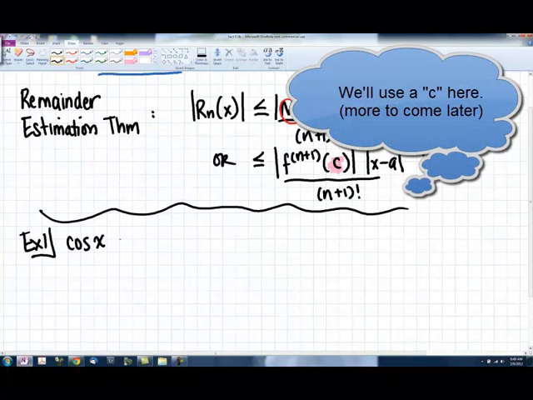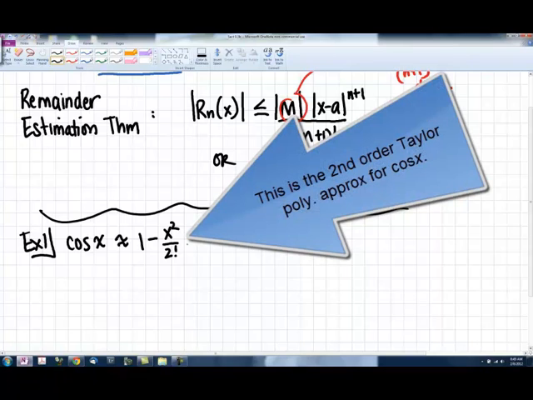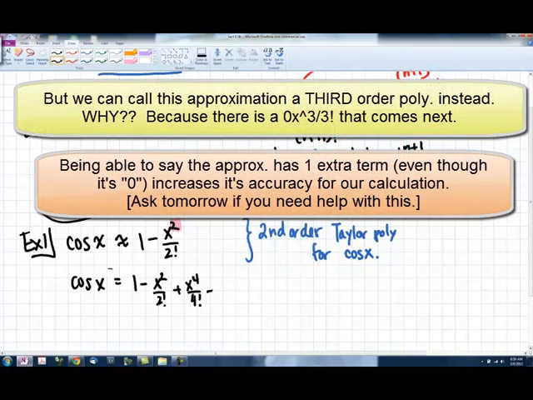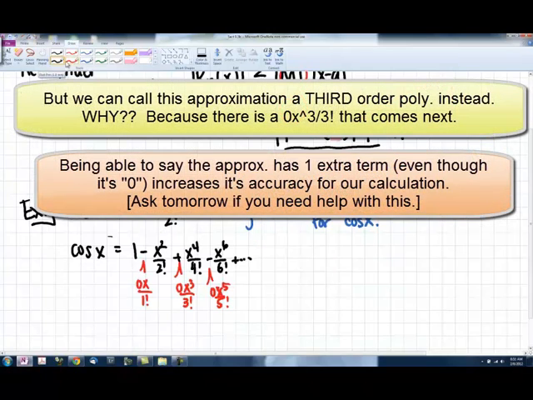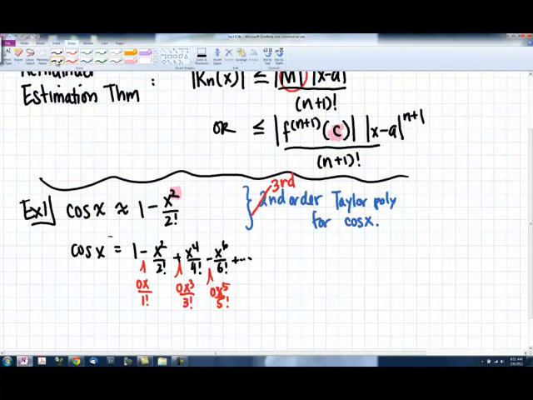Let's say cosine x is approximated by the series 1 minus x squared over 2 factorial. The entire cosine function can be written like this, which is what we learned a few days ago. What I want to do is visualize this cosine function as a third order Taylor polynomial as opposed to a second order Taylor polynomial.